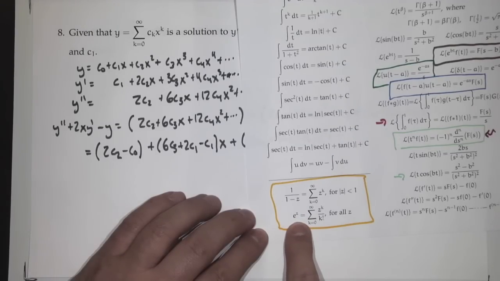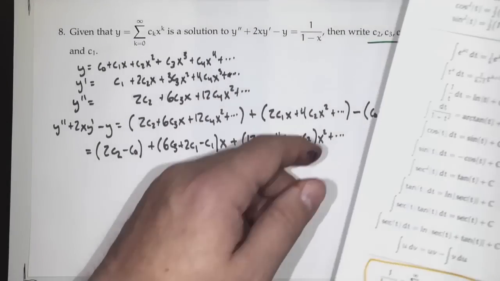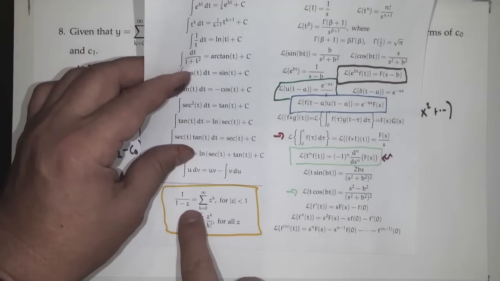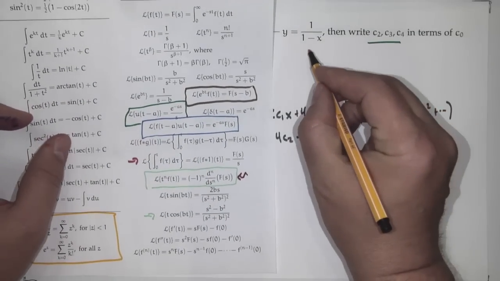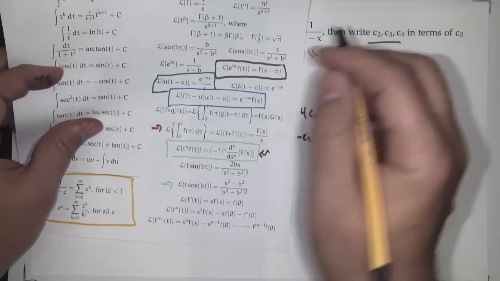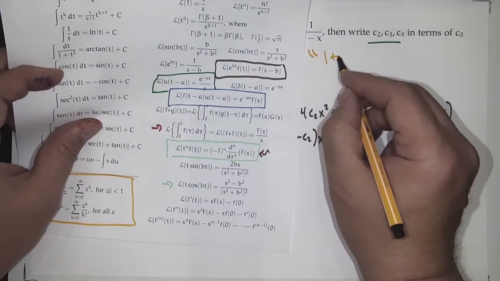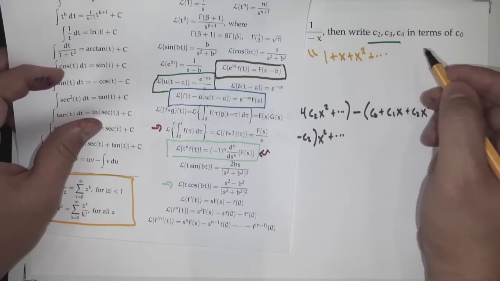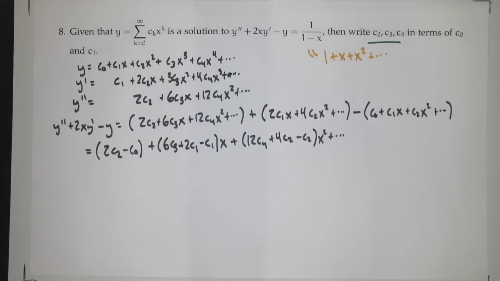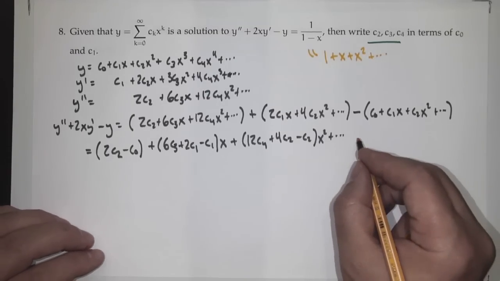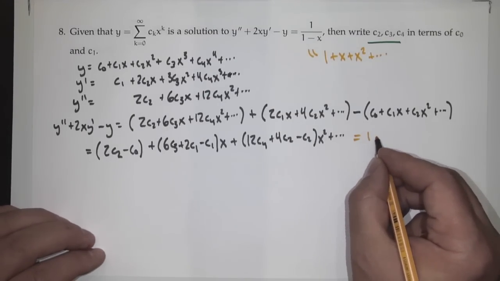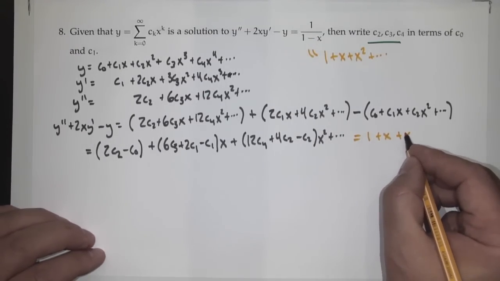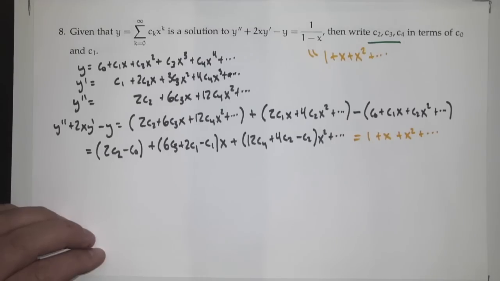So if one of those shows up, we know how to handle it. So 1 over 1 minus x actually turns out to be really nice. It's the sum of x to the k. So it's 1 plus x plus x squared plus x cubed and so forth. But we already know we only need the first few pieces. So this is 1 plus x plus x squared dot dot dot.